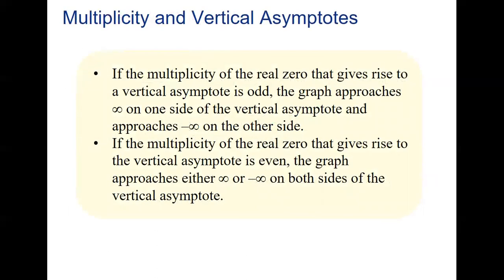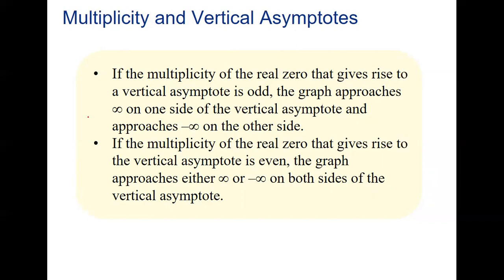All right. Let's talk about multiplicity and vertical asymptote. So remember, multiplicity is when we had the odd or even powers on our factors, right? So if I had x minus 2 squared or x minus 2 to the 3rd, those are my multiplicity. If the multiplicity of the real 0 that gives rise to a vertical asymptote is odd, the graph approaches infinity on one side of the vertical asymptote, and it approaches -infinity on the other side.